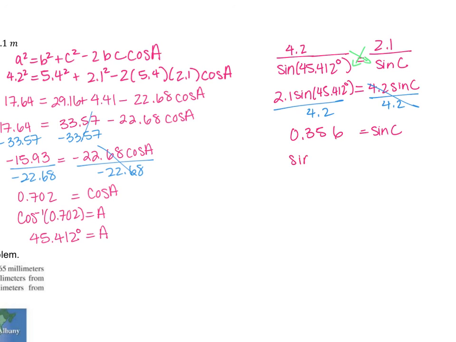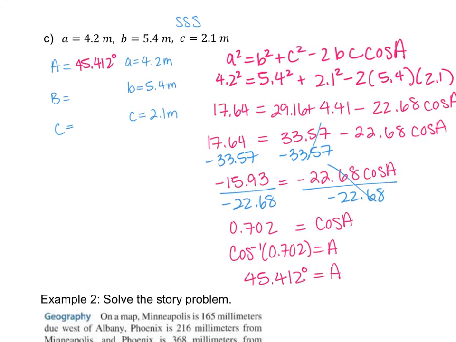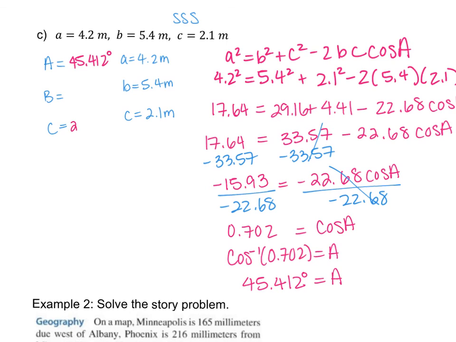So I'm going to take the inverse sine and get my angle C. So angle C should be a very small angle, an acute angle, and it is. So I get 20.855 degrees if I round to 3 decimal places. So I'm going to take this angle and put it to my list. So hard part's over. We have angle C, our second angle.